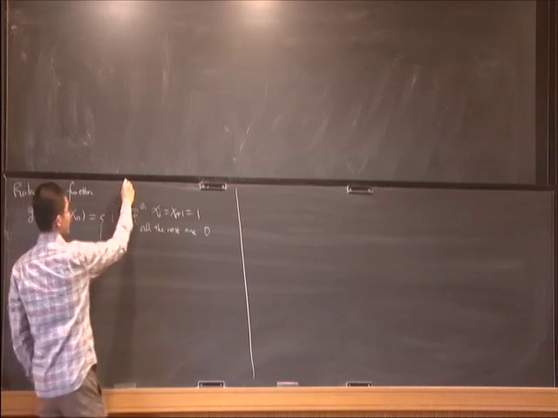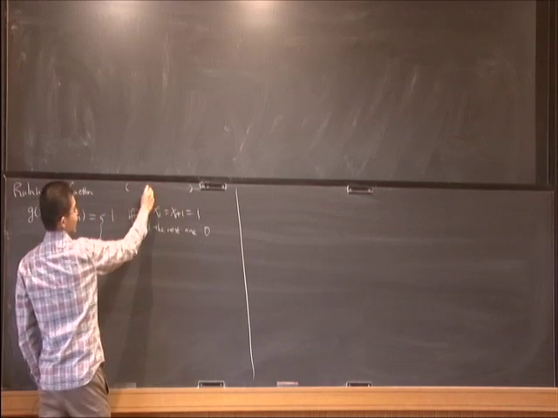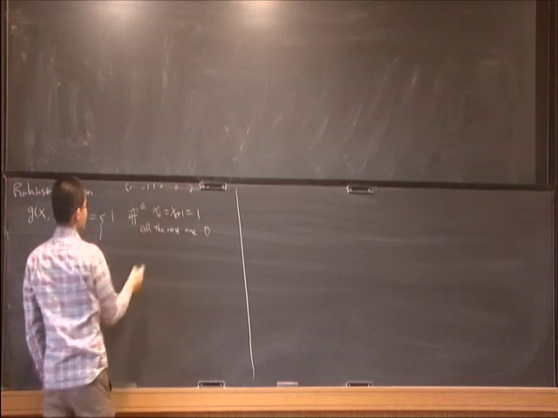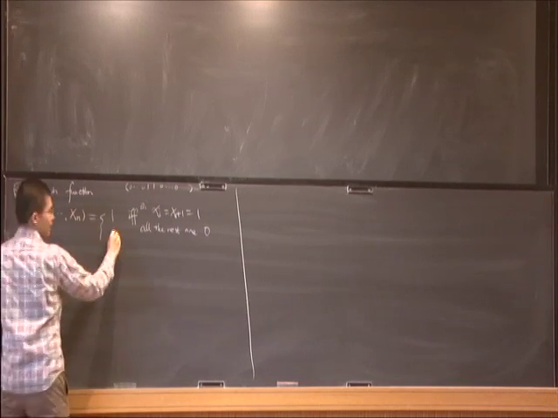So basically, you look at these n coordinates. If there are two consecutive coordinates equal to 1 and all the other numbers are equal to 0, then this function is equal to 1. Otherwise, it's equal to 0.